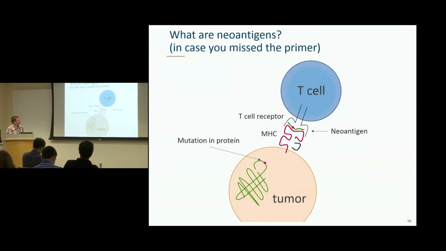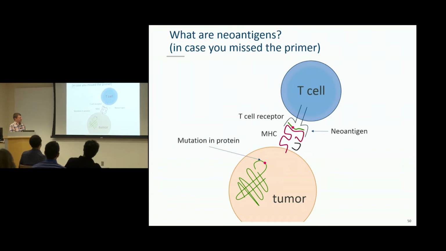As was discussed in the previous slide, we're really interested in neoantigens. Normally, T cells are looking throughout the body for non-self peptides. And the normal circumstance in which this would occur would be if there was a virus present, making viral peptides that would be recognized as non-self. But what has been recently appreciated in cancer is that when there are mutations in proteins, these novel sequences can be presented to T cells on the MHC molecule.